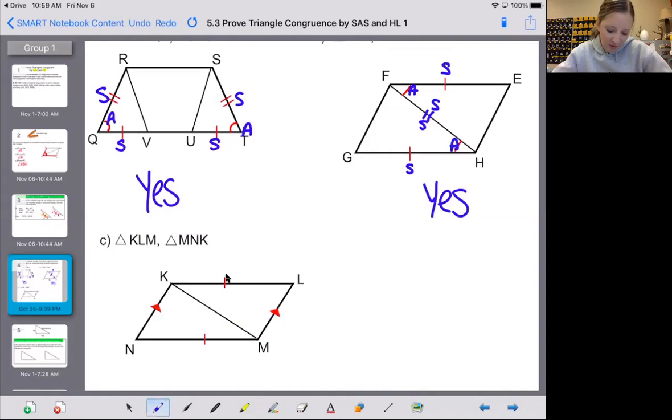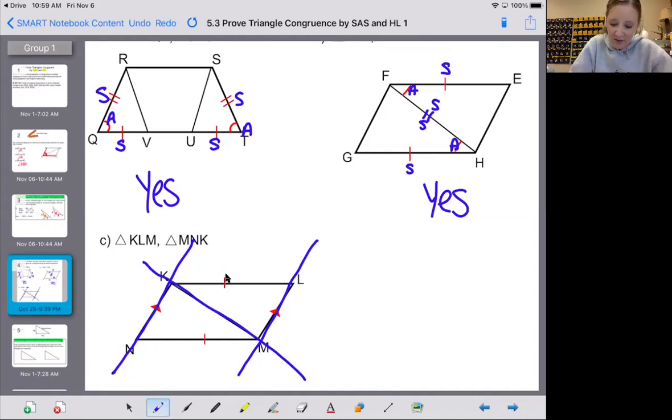So I'm going to extend this side out here and this one as well so that I can see that these are parallel lines. And then I'm going to bring you back to a couple of chapters ago. If you look at segment KM and you also extend that line out, you'll see a set of parallel lines with a transversal, the one going through the middle of them.